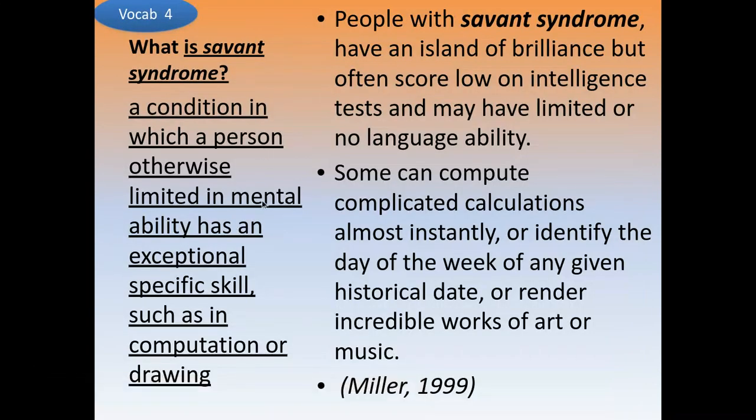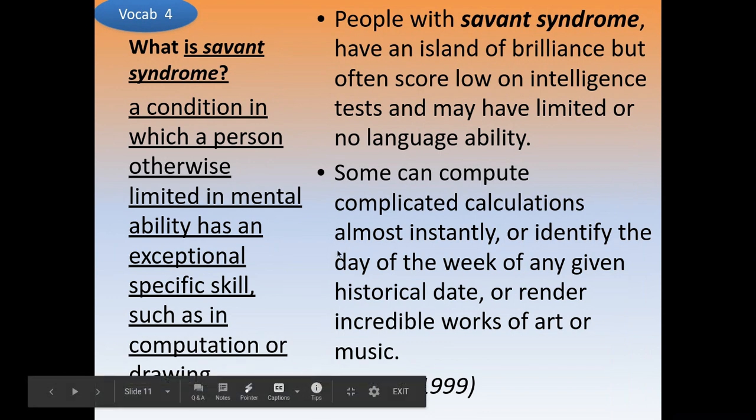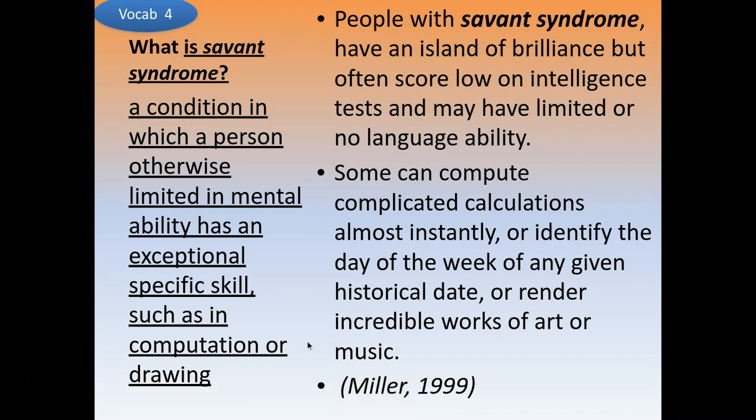Okay, so what is savant syndrome? It's a condition in which a person, otherwise limited in mental ability, has exceptional specific skills such as computation or drawing. They can be geniuses when it comes to playing the piano and picking it up by ear, having never been instructed in playing the piano, but yet in all of their other abilities, they might be working well below average.